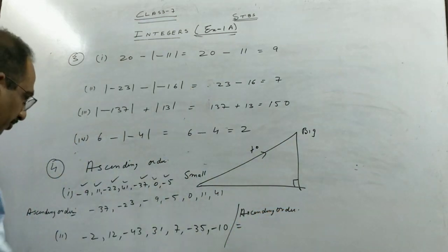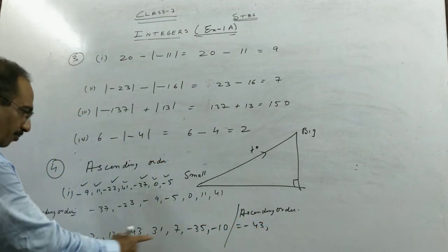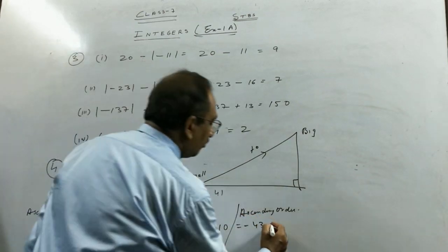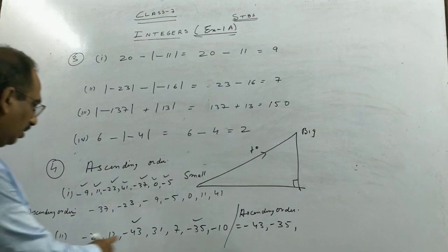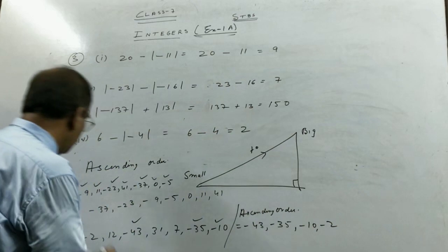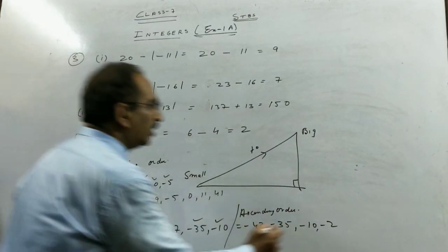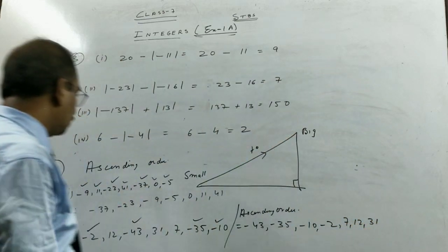The smallest number is minus 43. Then, please put a tick mark so you know which numbers you have written down: minus 35, minus 10, minus 2. Then next comes 7, 12, 31. So this was ascending order.